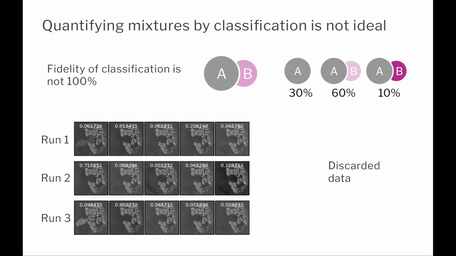Also, if we try to use classification and these kinds of conventional processing pipelines to be quantitative, we quickly run into some fundamental issues. In classifying this A plus B, for instance, we might find a class with 30% of the data that has A. We might find a class that's 10% of the data that is clearly A and B, fully occupied.